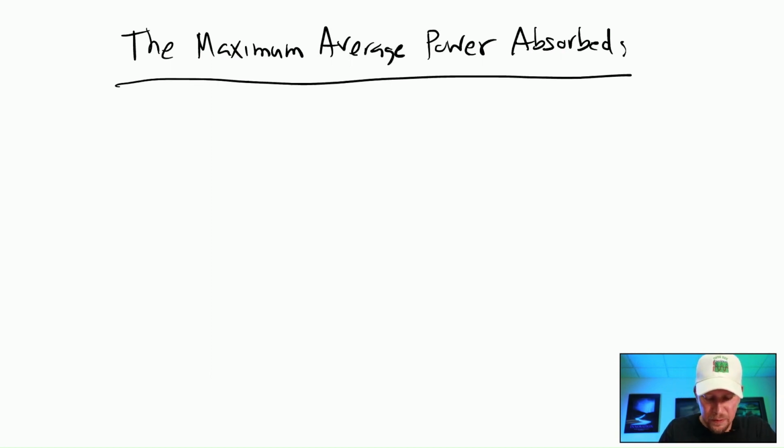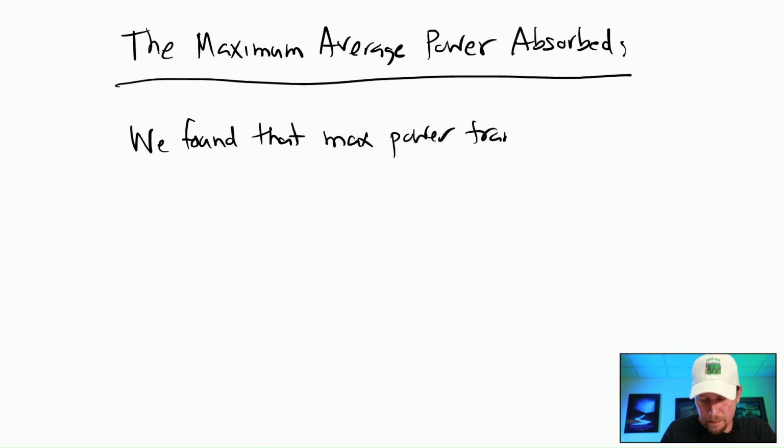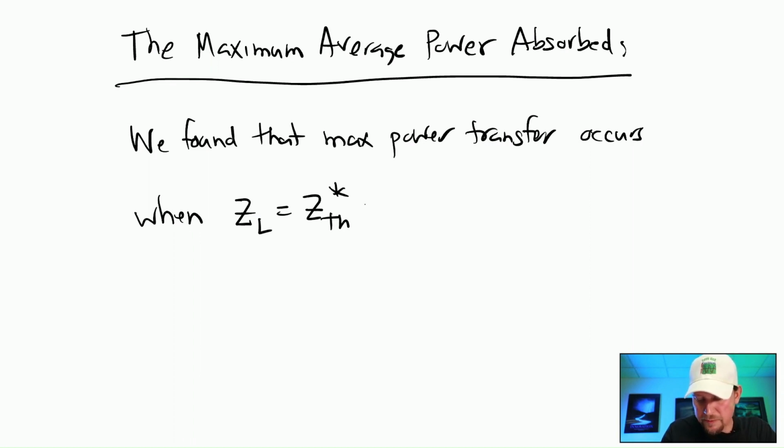And we found that max power transfer occurs when the load resistance is equal to the complex conjugate of the Thevenin resistance, or in terms of the real and imaginary parts, the resistance and the reactance, it's R Thevenin minus j X Thevenin.